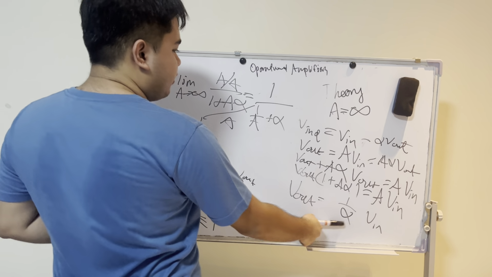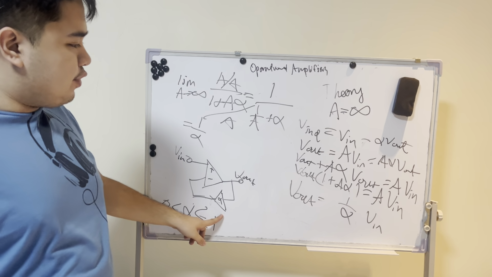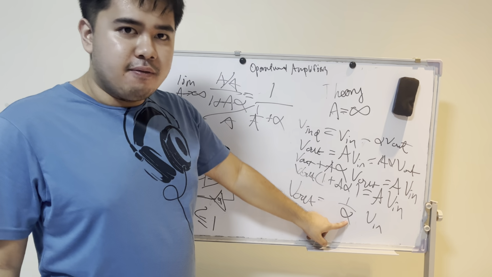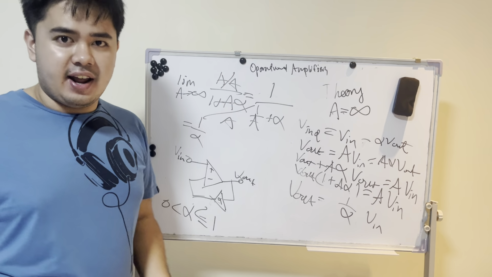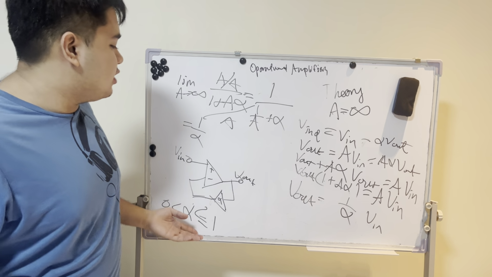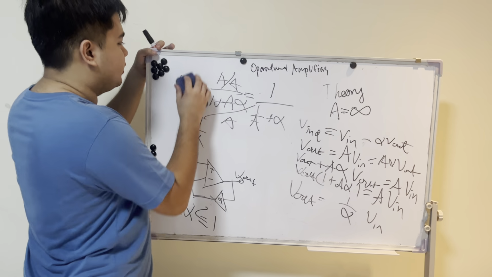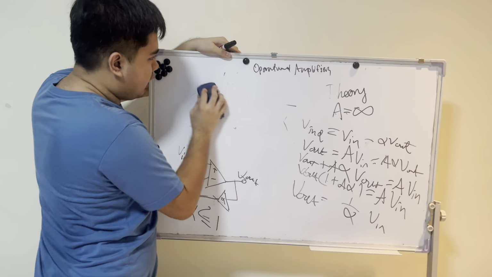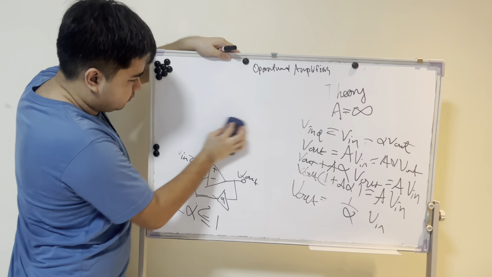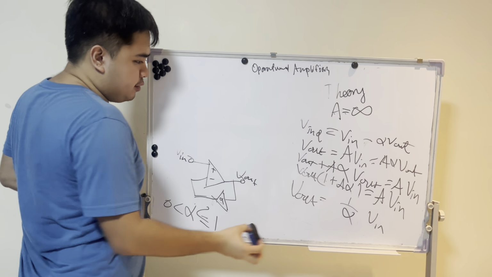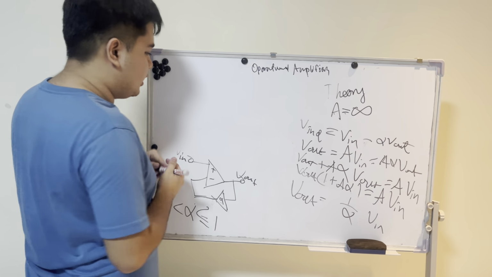So now that we have a proof that using this configuration actually makes the value of the output finite, which is good, we can use this in order to configure all sorts of amplifiers. Let's start off with copying.